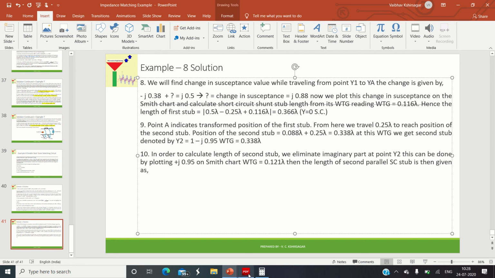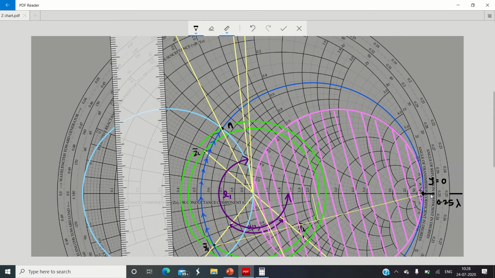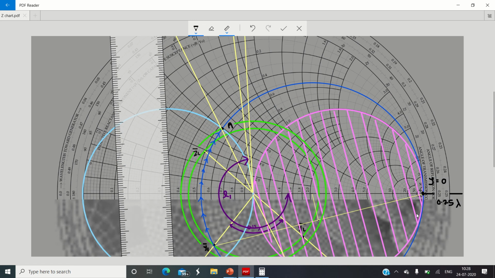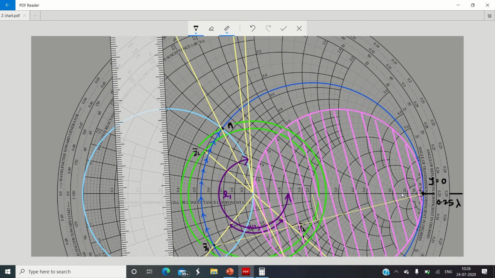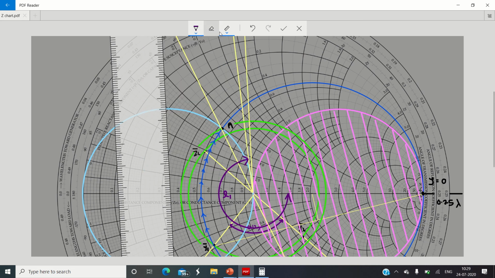Where is the short circuit point? Again, the right hand side point over here represents the short circuit point for the admittance. So you need to locate this particular drawn straight line from this particular horizontal line. This particular distance will be indicated over here with a purple color.